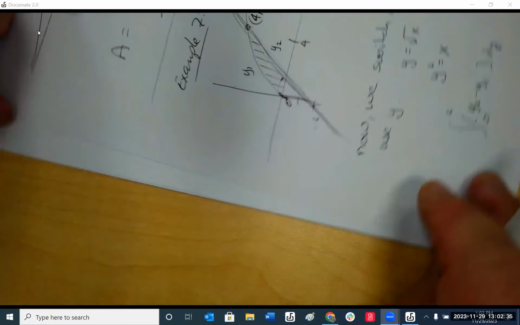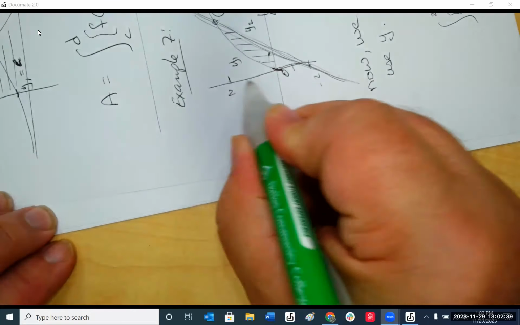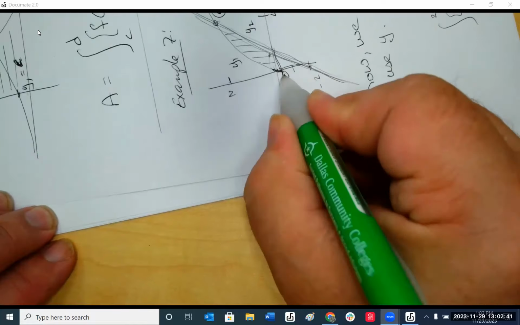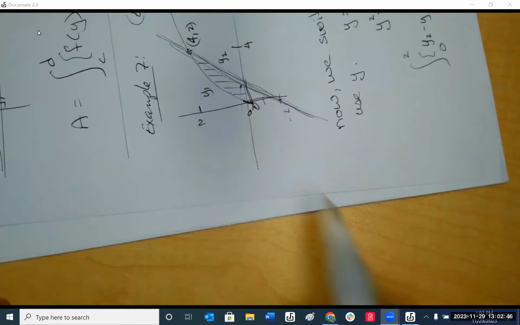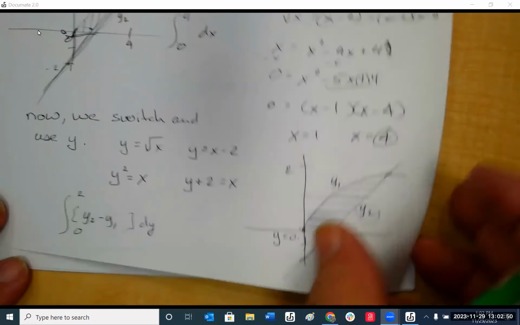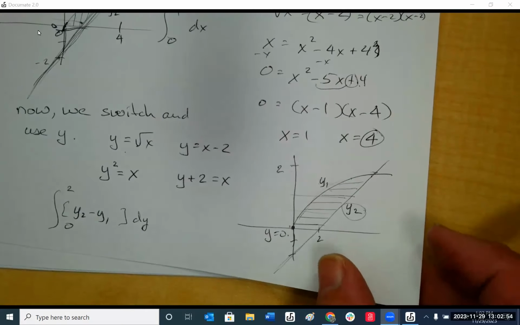But now since I changed it over here, I'm going from this one, which is 2, all the way down to as far as it can go, which is 0. So I can only use these numbers. So far, so good? Because we're just still setting it up.